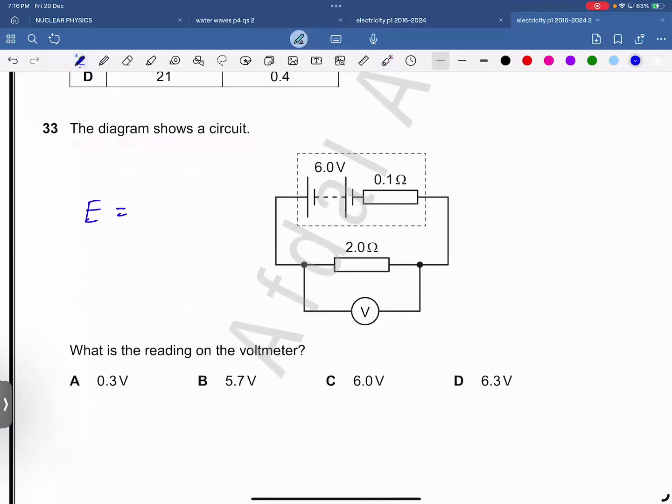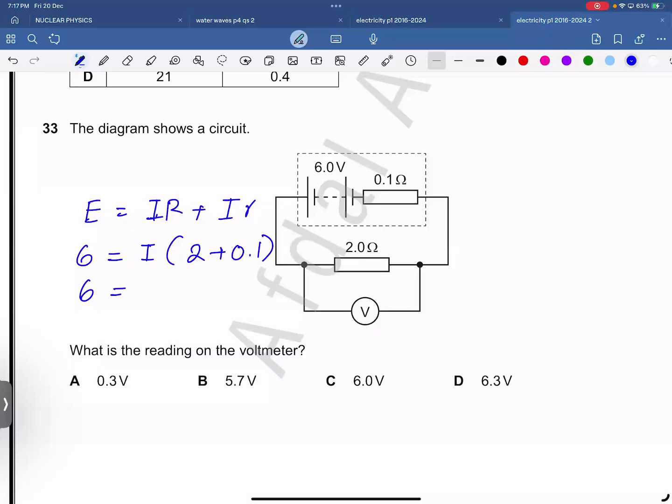E is equal to IR plus IR. Yes. Kirchhoff's second law. EMF is equal to PD. Yes. 6. I is a common factor. 2 plus 0.1. 6 is equal to I times 2.1. Yes, my dear students. So first find current.